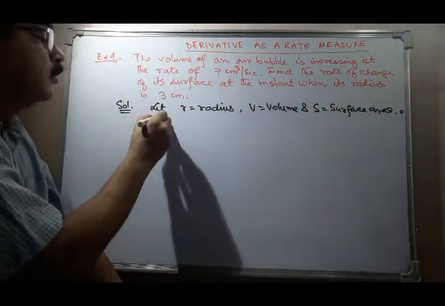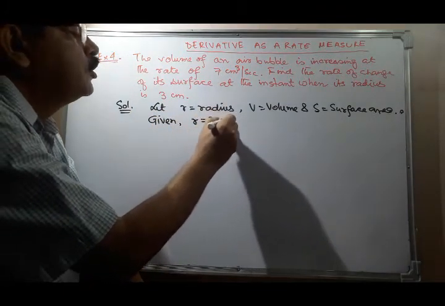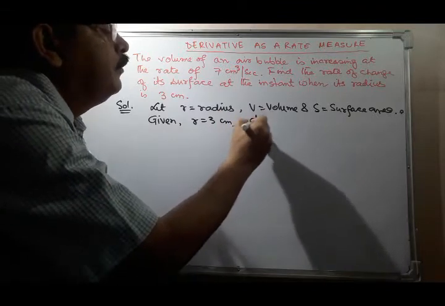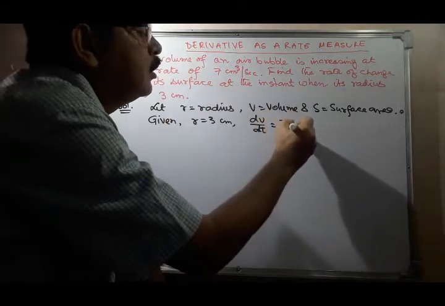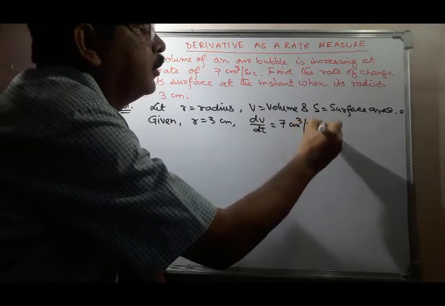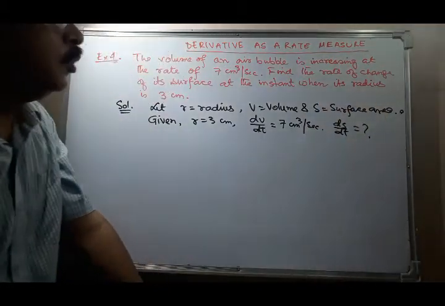What is given? Given r equals 3 centimeter and dv by dt is 7 centimeter cube per second, and the question asks to find ds by dt.